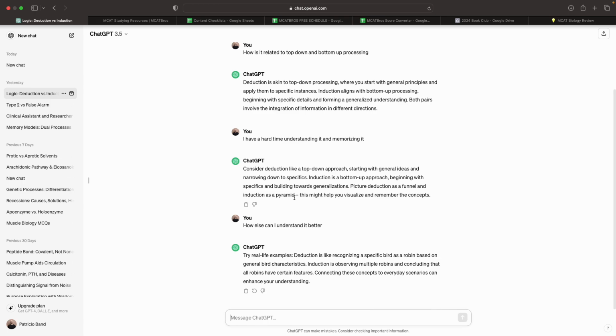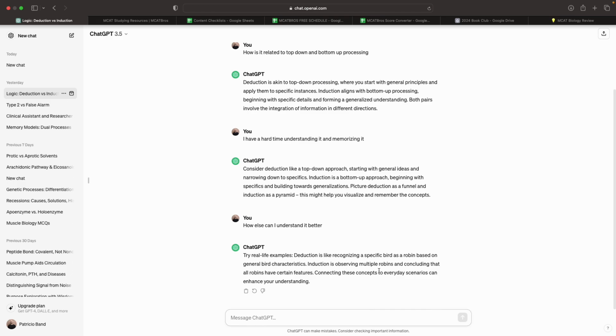The thing is, with deduction, you do have a set of knowledge rules, and you're always correct, right? Deduction is like recognizing a specific bird as a robin based on general bird characteristics. So you say a robin is a bird because you have some knowledge of the bird.